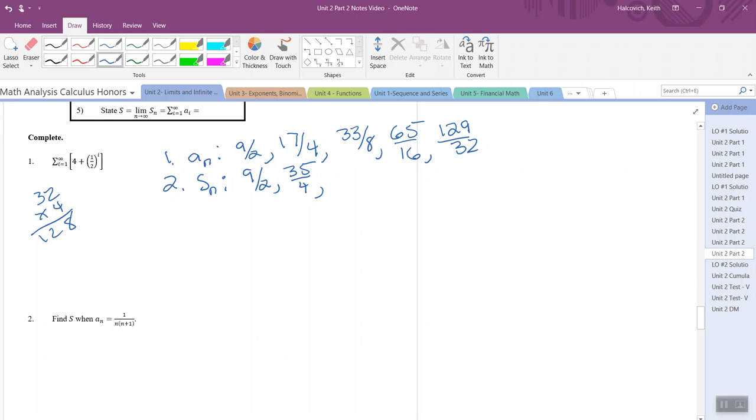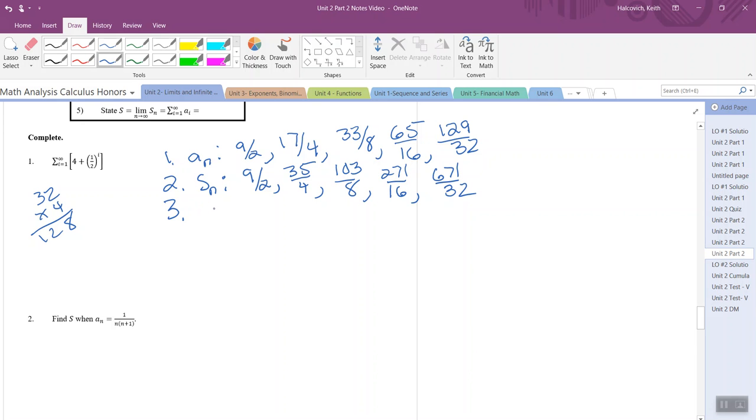So 70 plus 33 is 103/8. And then 103/8 plus 65/16. So 206 plus 65 is 271/16. And then 271/16 plus 129/32 gives you 671/32.